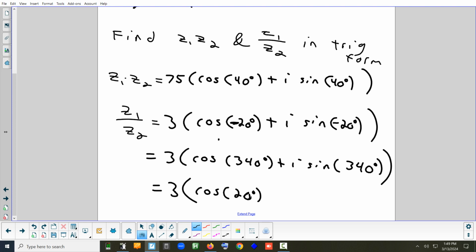Sine is not symmetrical. If you flip it horizontally, you don't get the same thing. So what can we do with the negative that's in the sine argument? Can you put it on the outside? You can put it on the outside. If you don't remember that, if you Google even odd identities, that's what these are. So you can put the negative out in front.